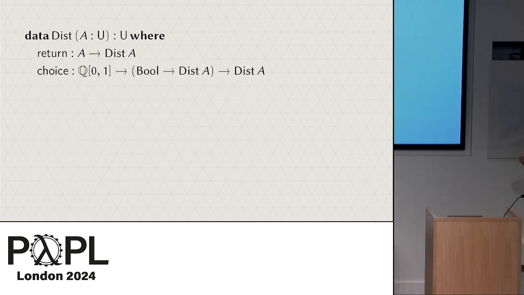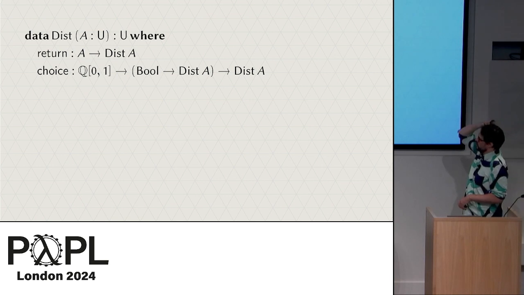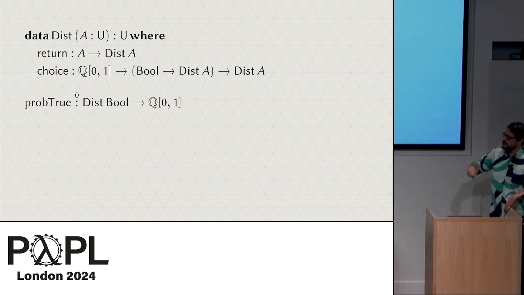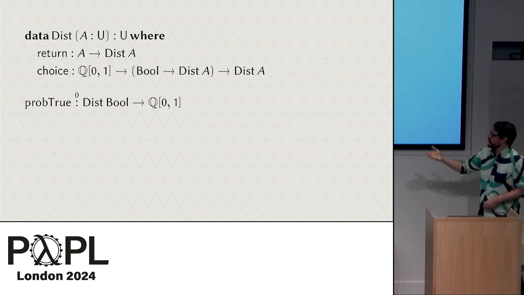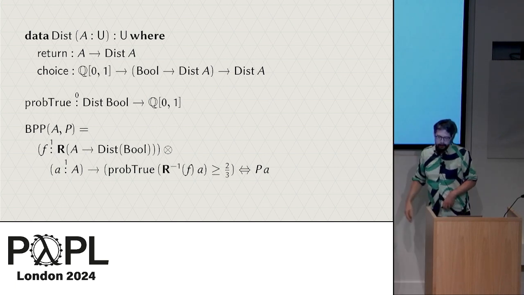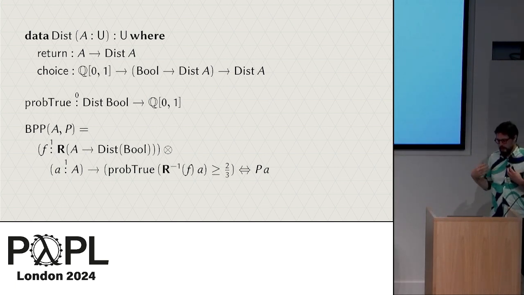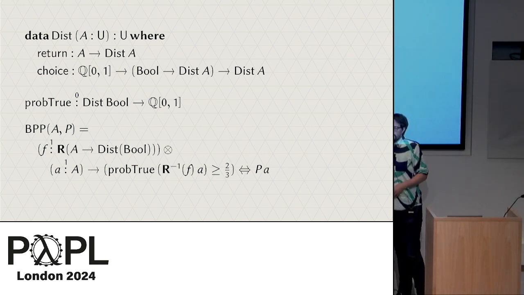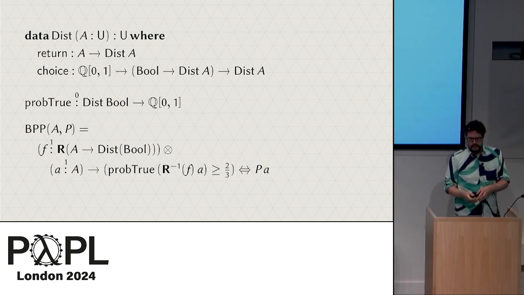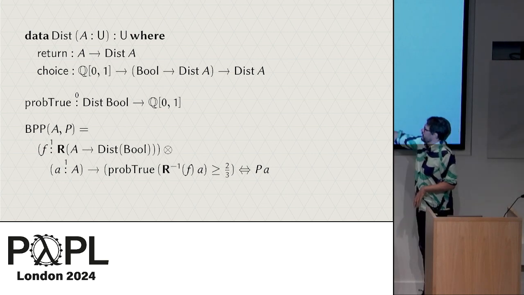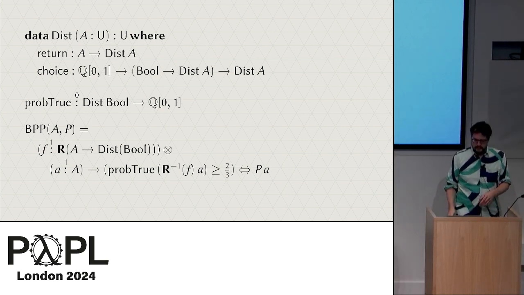And further, we can define a simple finite probability distributions monad, define what the probability of it returning true is if the leaves are Booleans, and we can define the class BPP of probabilistic problems where it's guaranteed to return the right answer with probability at least 2/3. And this shows why we want to combine dependent types and this implicit computational complexity, because we now have to specify this kind of semantic constraint.